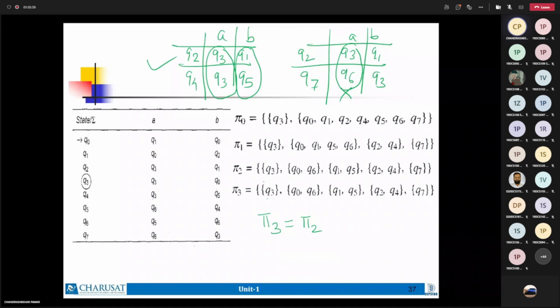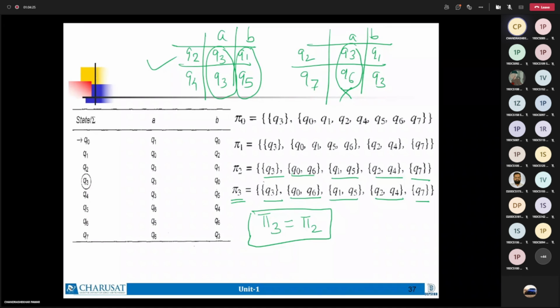If you observe Q3, Q0, Q6, and Q1, Q5, Q2, Q4, and Q7. As they are equivalent, we have to stop here, means we have found only up to pi 3. No need to proceed for the pi 4. As we are going to stop here, we have to find out the transition for these new states.